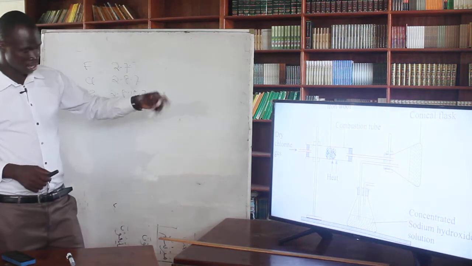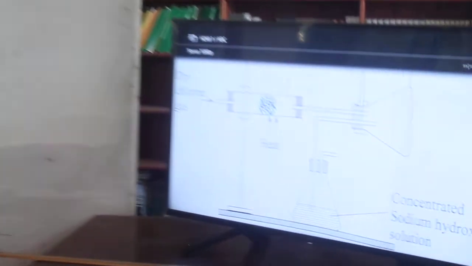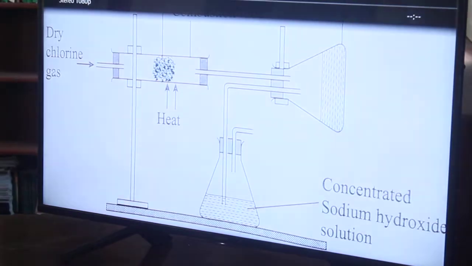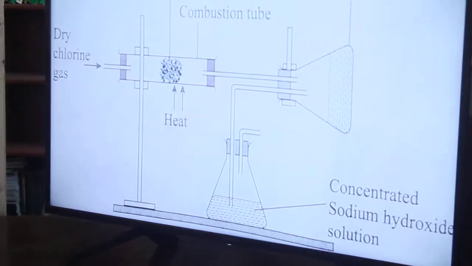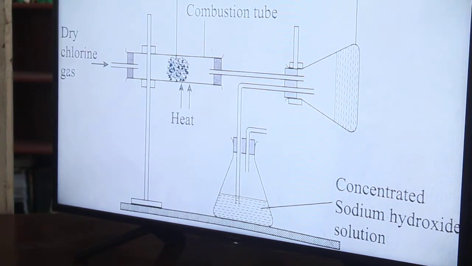So this is exactly how you are supposed to set up your experiment. And don't forget to have concentrated sodium hydroxide, such that should there be excess chlorine gas meant to escape into the atmosphere, it should be reacted with the concentrated sodium hydroxide there. Chlorine is very poisonous and should not be allowed to escape into the environment.